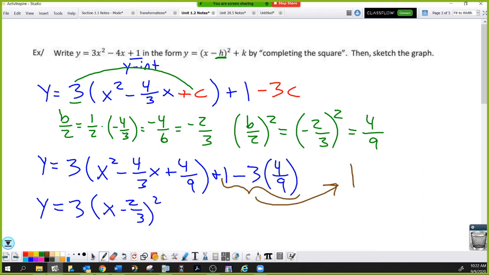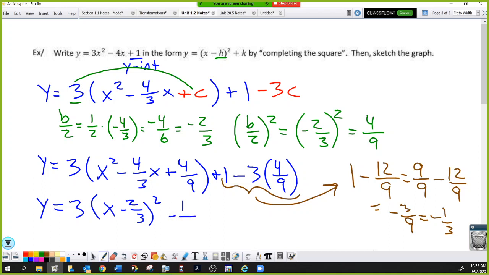It gives me 1 minus 12/9. Well, 1 is 9/9, right? So 9/9 minus 12/9 gives me negative 3 over 9, which reduces to negative 1/3. There, it's in vertex form, but man, it's not pretty.